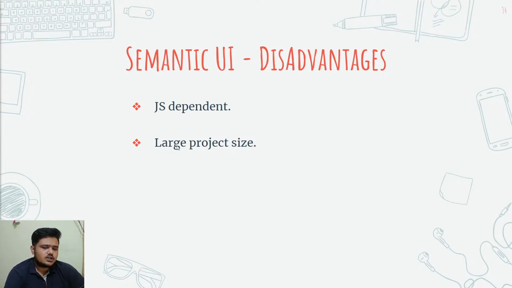So if a user tries to use many components from Semantic UI, the project size may increase, right? And compatibility issues might come up, correct? So these are the two disadvantages that we feel Semantic UI has while working with it.